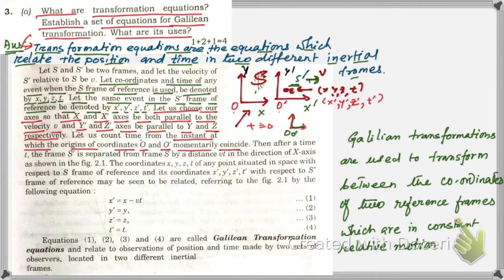As time passes and this S dash frame moves forward, we can assume that way. Then after a time t, frame S dash is separated from S by a distance v into t, right?